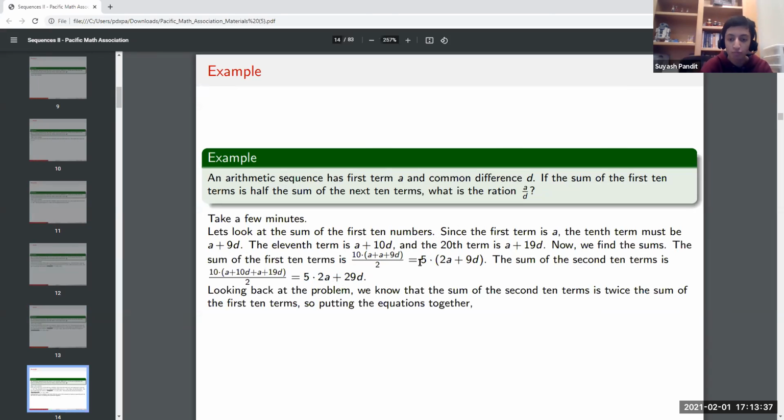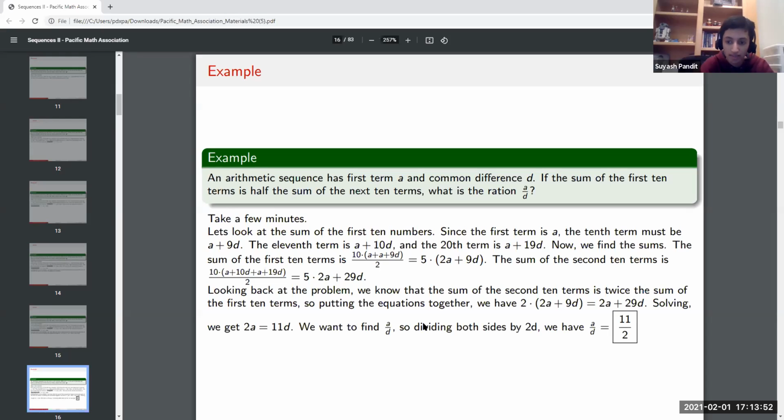When we equate them, we can cancel the 5s because they appear on both sides. So you're left with 2 times this equal to this. Again, that should be in parentheses. We made a little mistake there. From there, it's pretty straightforward. Any other questions? Please drop them in the chat. I know that was tricky.